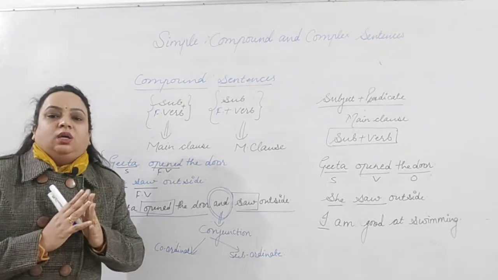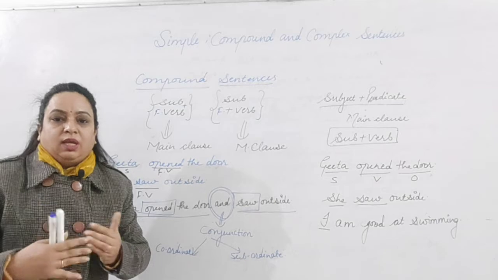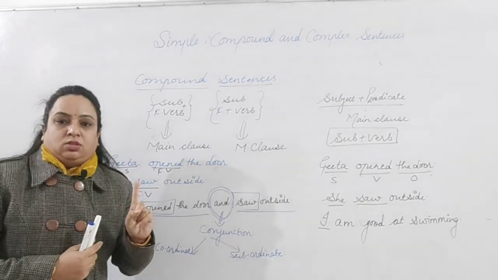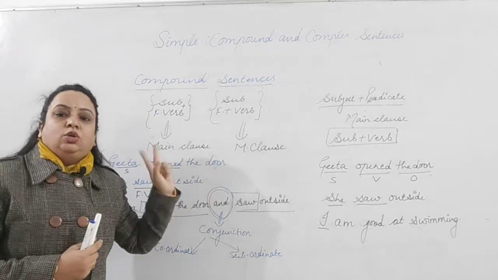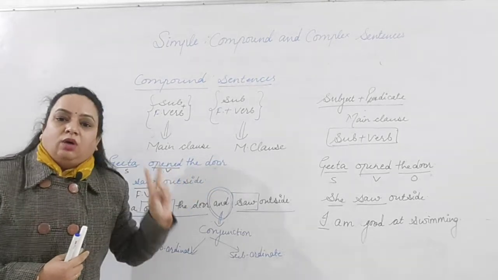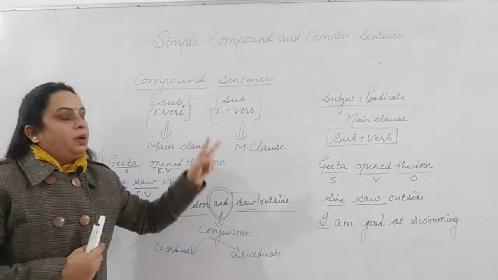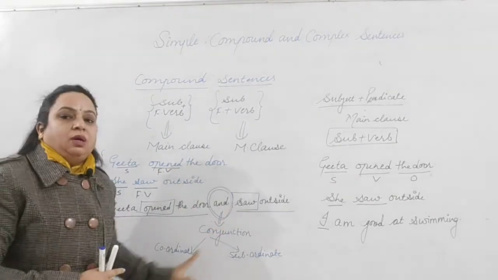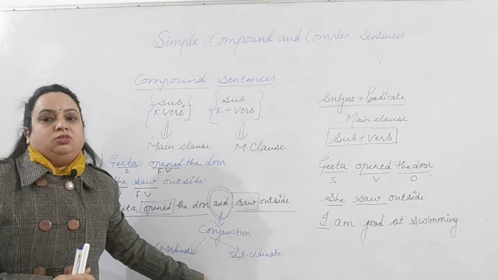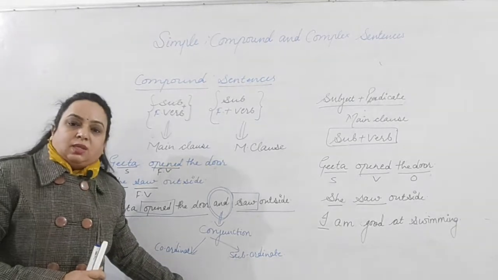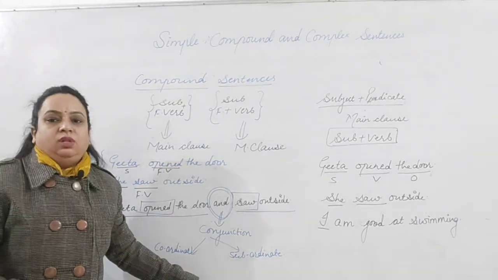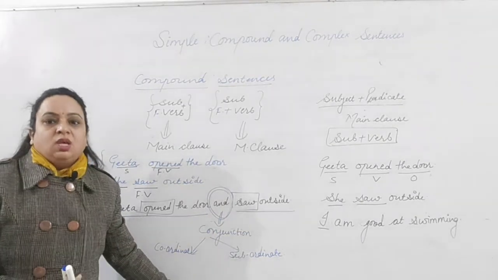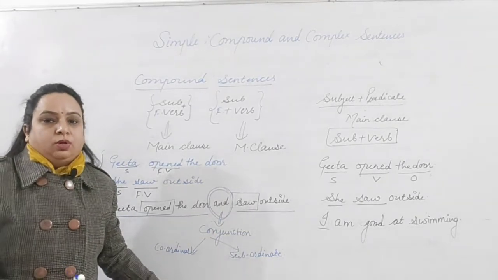A simple sentence has only one main clause, but here we need two main clauses. So how to get the difference between compound and complex, that we will learn, but before that we will learn something about the coordinate conjunctions. That is very simple, but before that I want you to take a screenshot of this and note it down in your notebook.